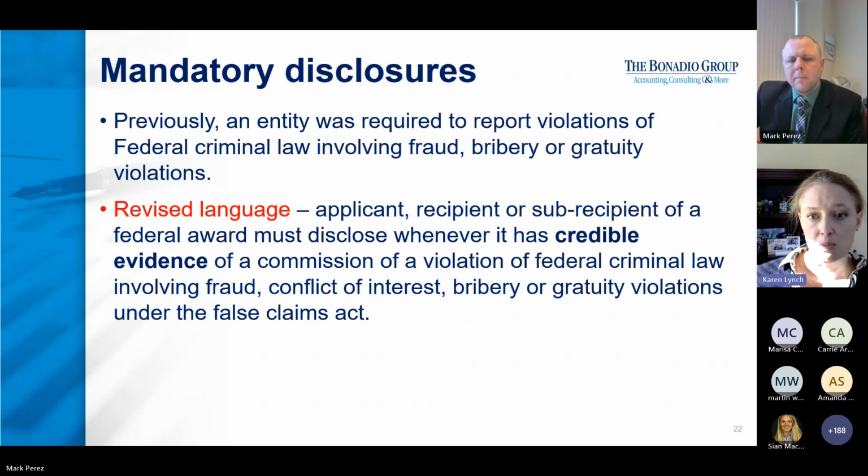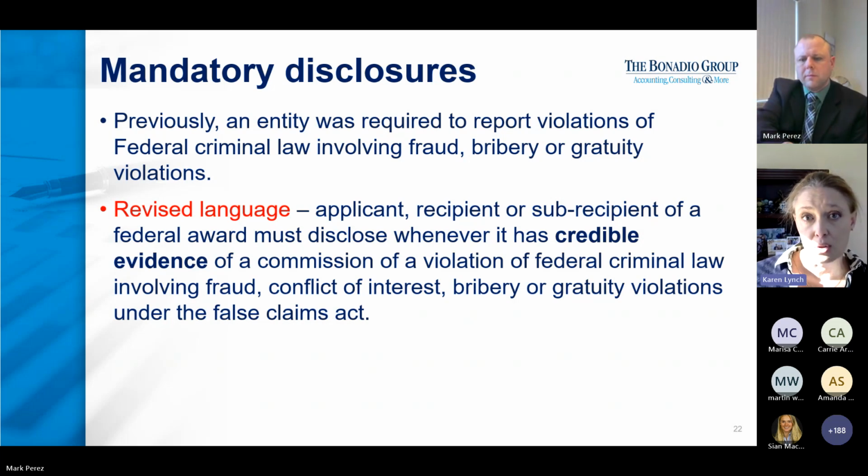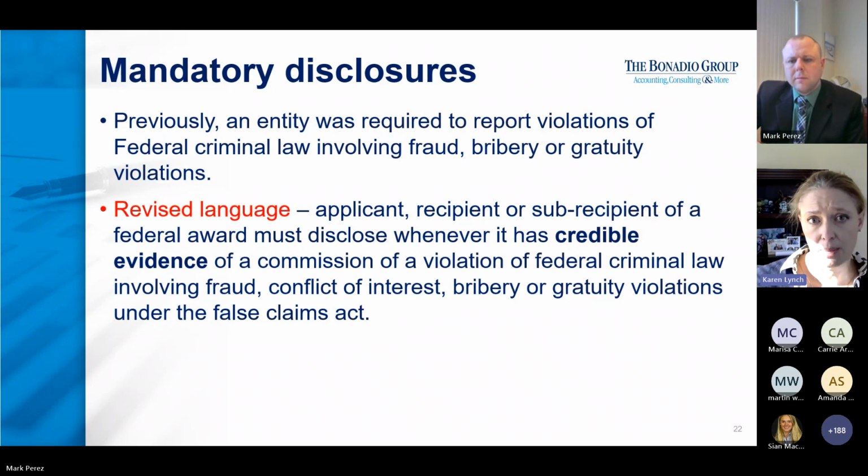So if you believe that you, as a recipient or a subrecipient, have had a violation of a federal criminal law involving fraud, conflict of interest, bribery, gratuity violations, anything that falls under the False Claims Act, you as the recipient, one way or the other, are required to promptly report through written disclosure, not only to the funder, but to the Office of the Inspector General and potentially whoever the pass-through entity is that you receive the funding through.